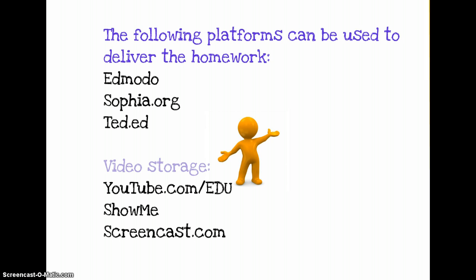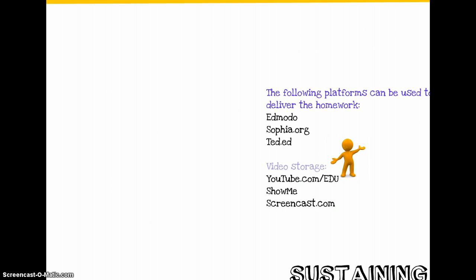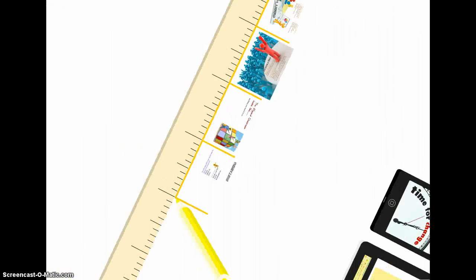Okay, if you do a Show Me, which is a whiteboard on the iPad, those are already housed in Show Me when you start your account. You just provide your students with a link, or you put the link on Edmodo or on Sophia. Or send the link to your students via email. And then screencast.com holds the Screencast-O-Matics and the Jings. So there you have it. Sustaining your flipping.